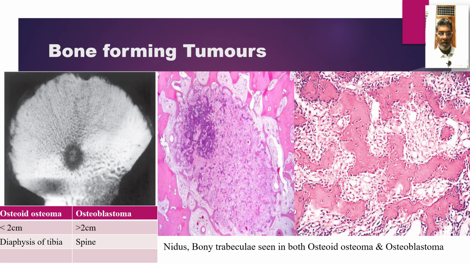Okay, and surrounding it, everything is bony trabeculae. These are all bony trabeculae and this is nidus. So histologically, both osteoid osteoma and osteoblastoma will look similar. Nidus and bony trabeculae are the features.